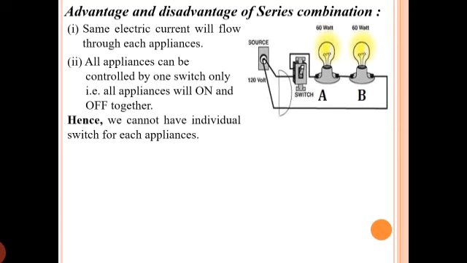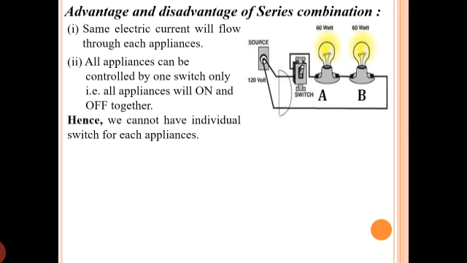Second one, all appliances can be controlled by one switch only, that is, all the appliances will switch on and off together, hence we cannot have an individual switch for each appliance. We know in series combination the path is the same, so we cannot have one switch for each appliance, because if for example bulb A has one switch and bulb B has another switch, and any one switch is off, then the circuit will be open, so current will not flow.